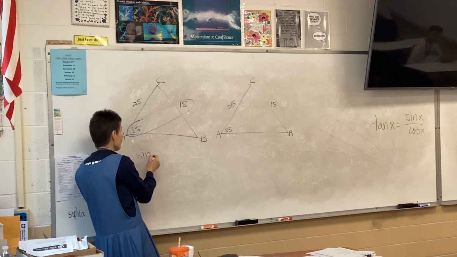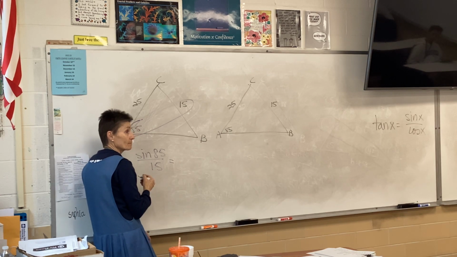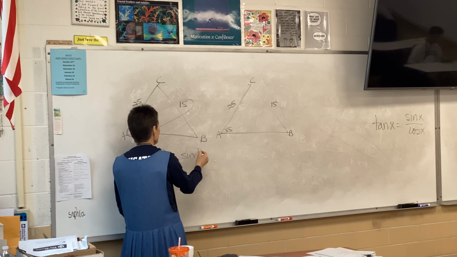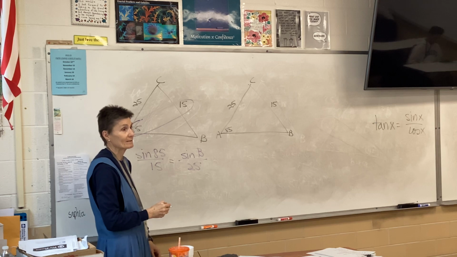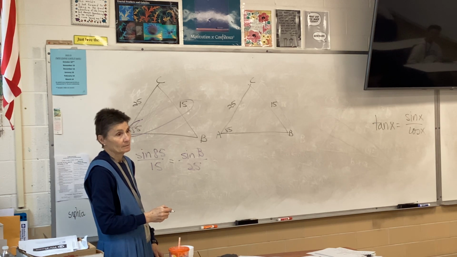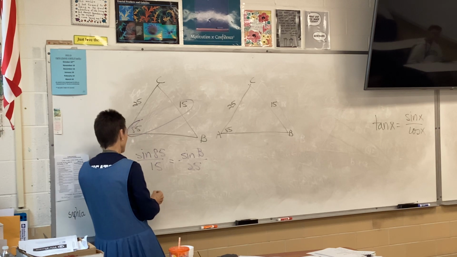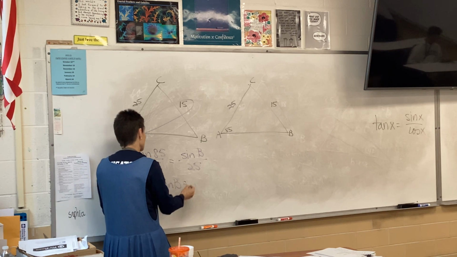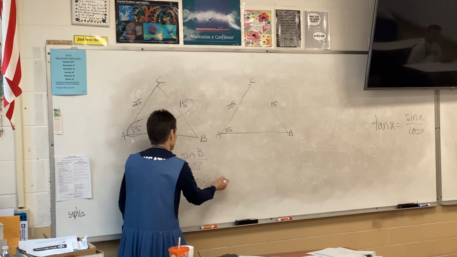Sine 85 over 15 equals sine B over 25. Now, does anybody have a question about the setup? Okay, we know we're going to cross multiply. So 15 sine B equals 25 sine 85.